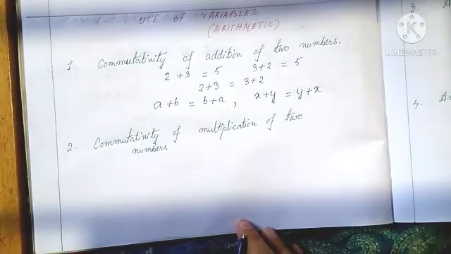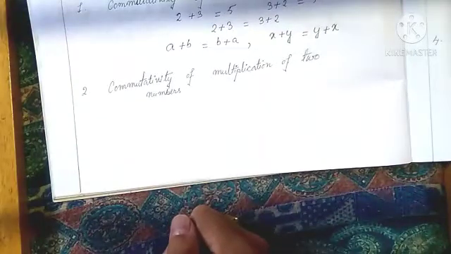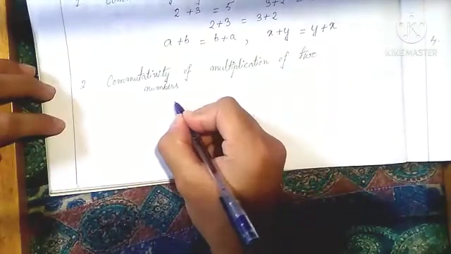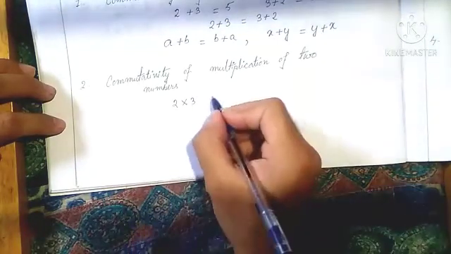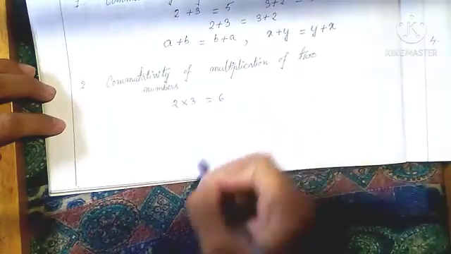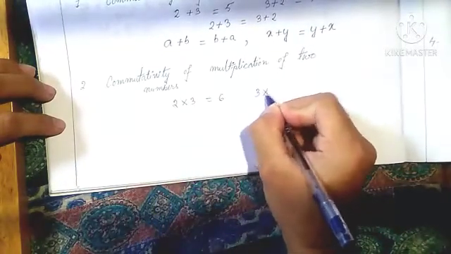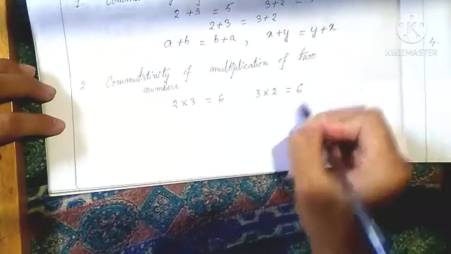Understood? Next, we have commutativity of multiplication of two numbers. This also states that the product of two numbers will be the same irrespective of their order. Let's take two numbers, 2 into 3. What is the product of 2 and 3? It is 6. Then let us change the order, 3 into 2. The product of 3 into 2 is also 6.